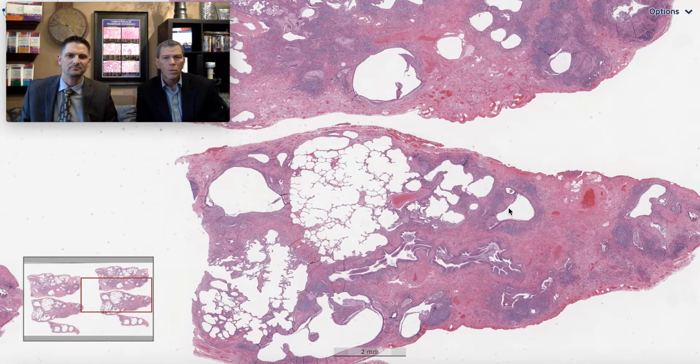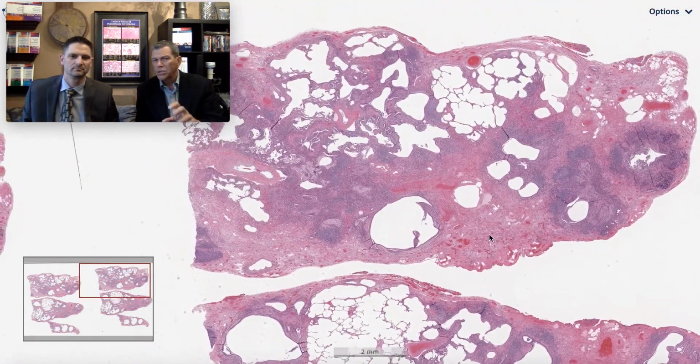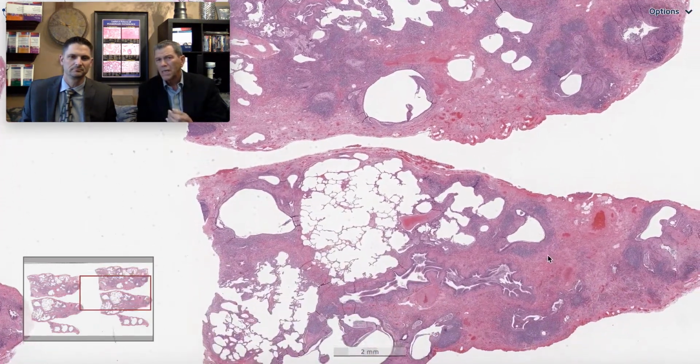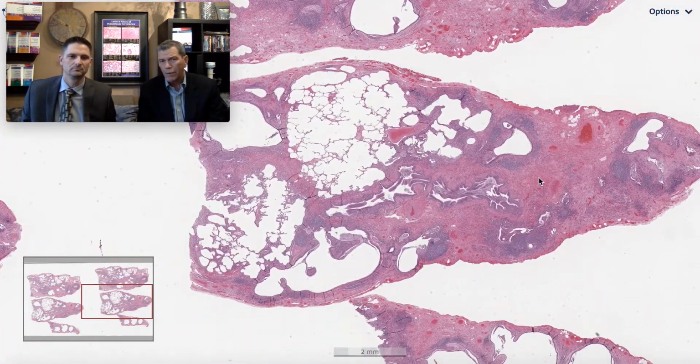Now we have just too much consolidation by this pink material with scattered islands of blue. With this much distortion of the surface, you'll notice at the top of the screen that the pleura is pulled up and down and has thick and thin areas under it. This, to me, is a classic fibrosis pattern.